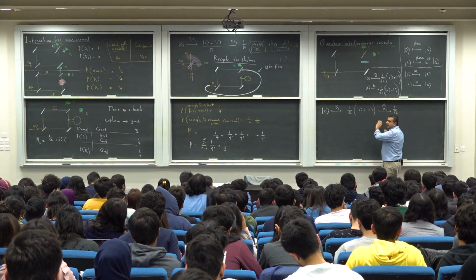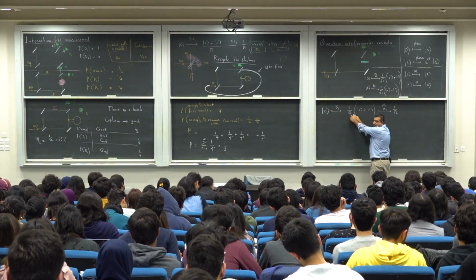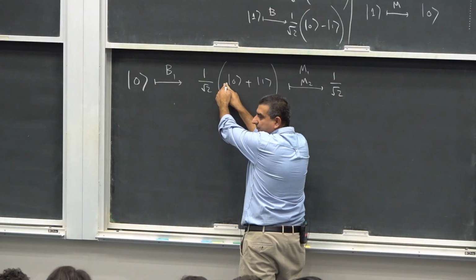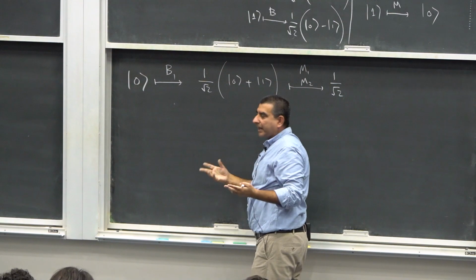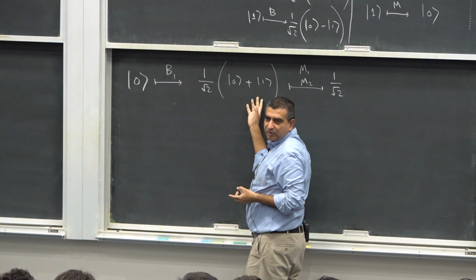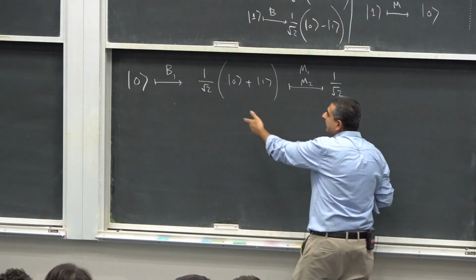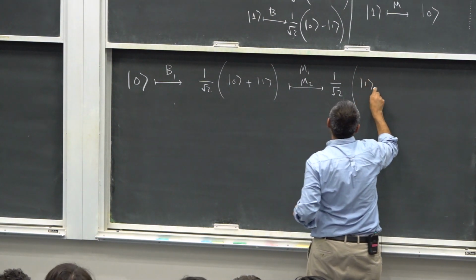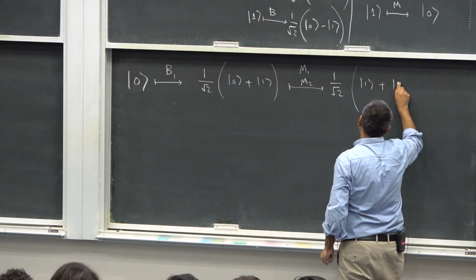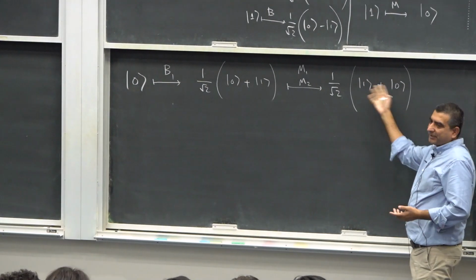These are just probability amplitudes. 1 over root 2 is a number multiplied with this quantum state and with this quantum state, and we need this because the state needs to be normalized. So nothing happens to the probability amplitudes. Ket 0 goes to ket 1 and ket 1 goes to ket 0, and I can write them in any order I like.